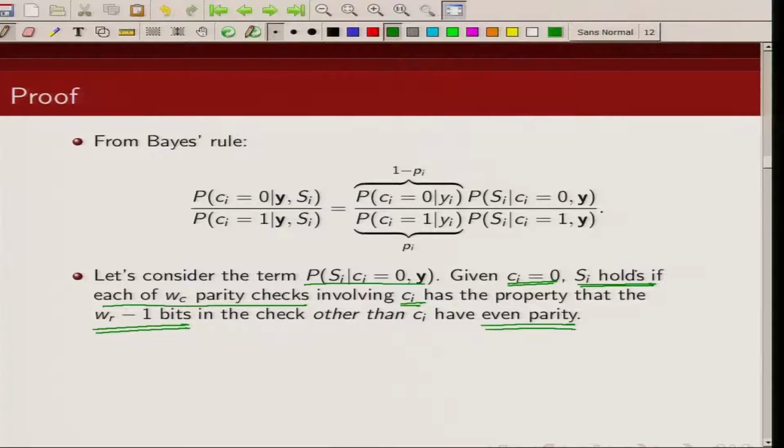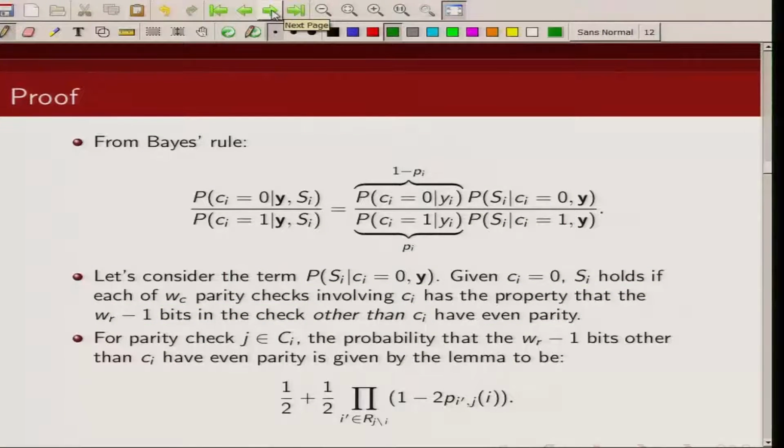So, we need to find the condition that sum of other parity check bits involved in the parity check equations where Ci is participating, they should have even parity.